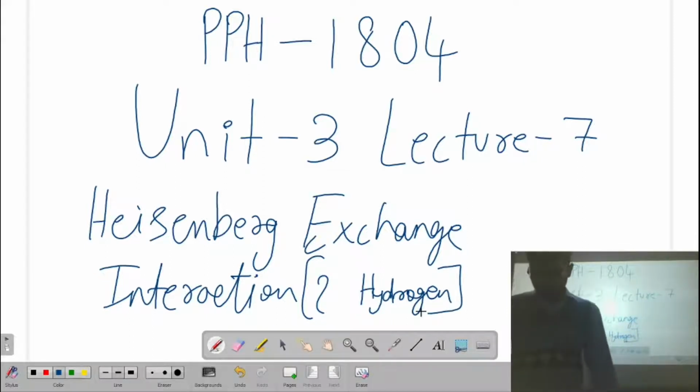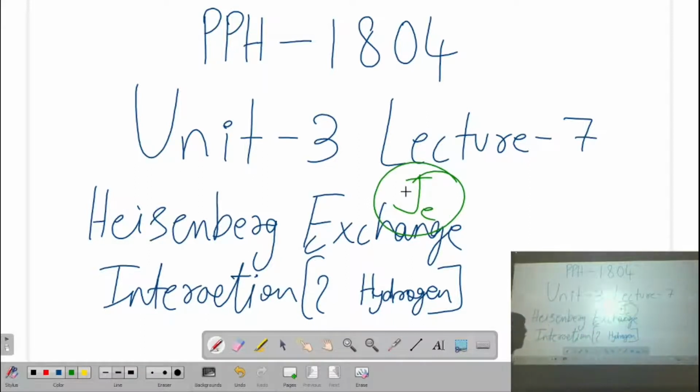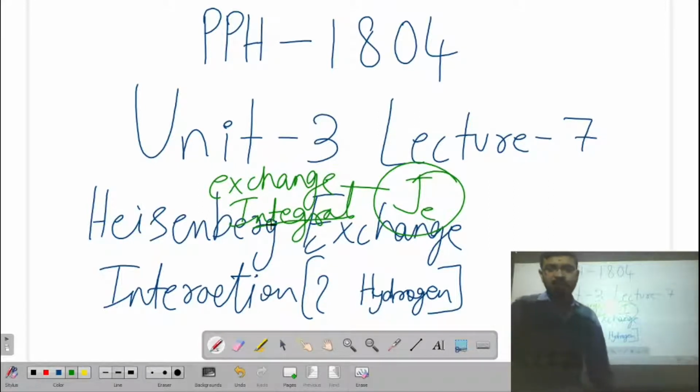And we have found out the importance of J, that is the exchange integral.